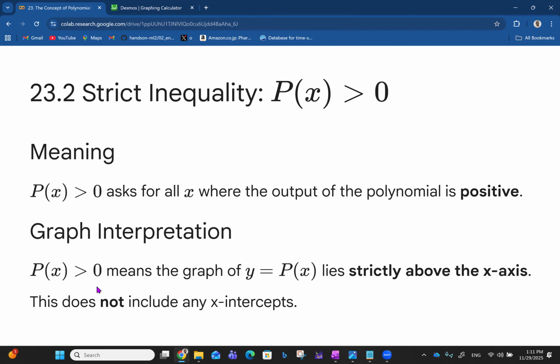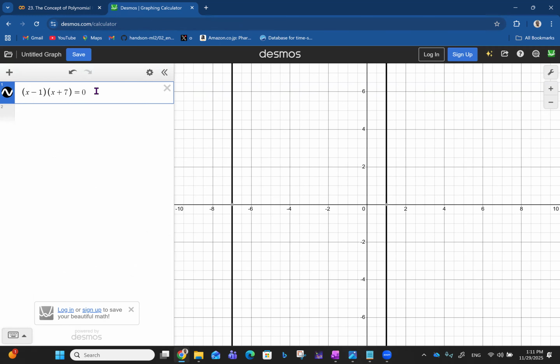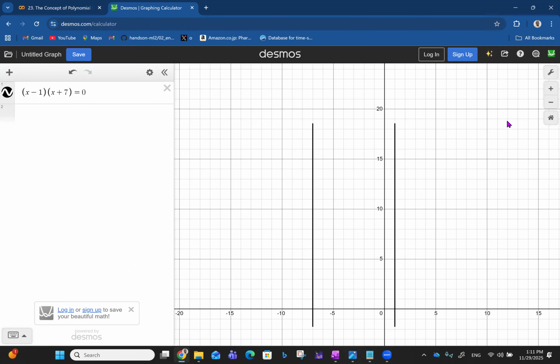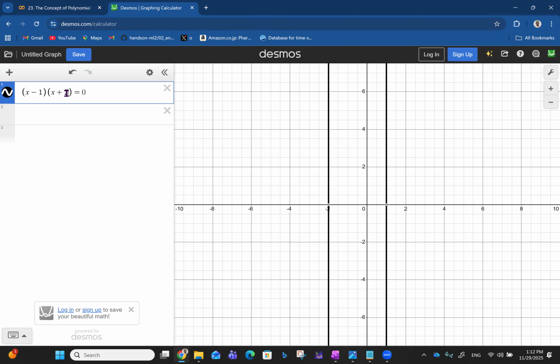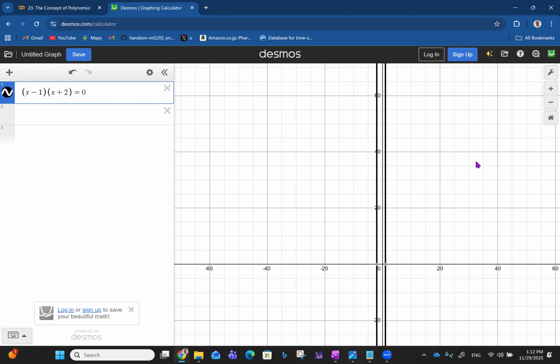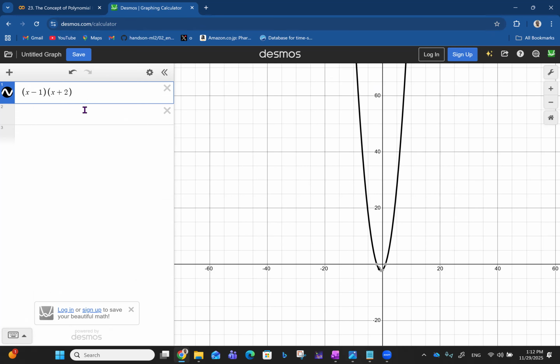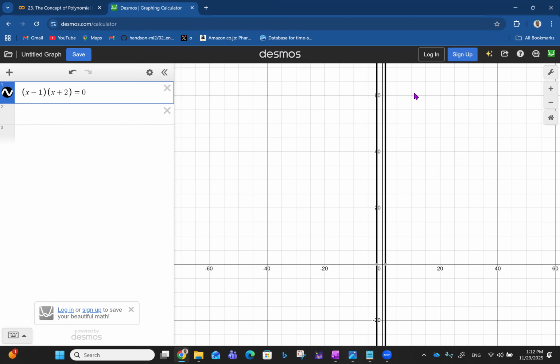The graphical interpretation is such that P of X greater than 0 means the graph of y equals P of X lies strictly above the X-axis. This does not include any X-intercepts. So imagine here now, this is actually equal to 0 as we have it. Let me use a smaller number so it doesn't go too far. Let's say this is just 2. Equals 0.